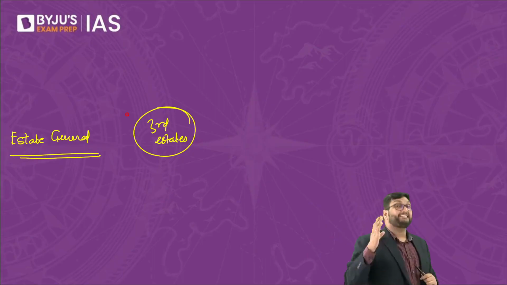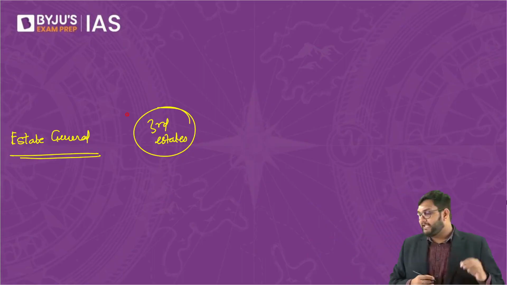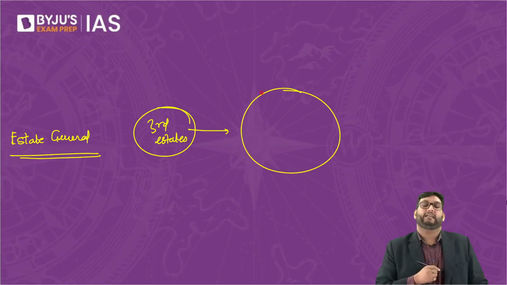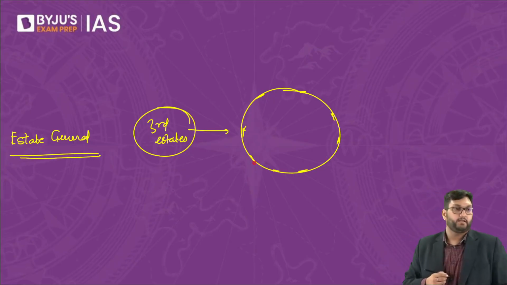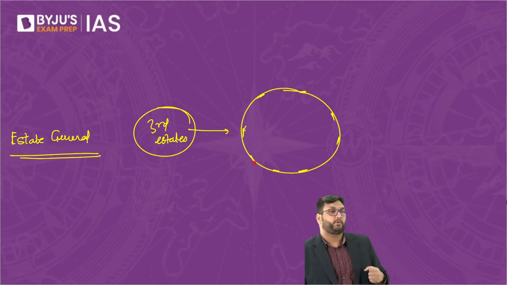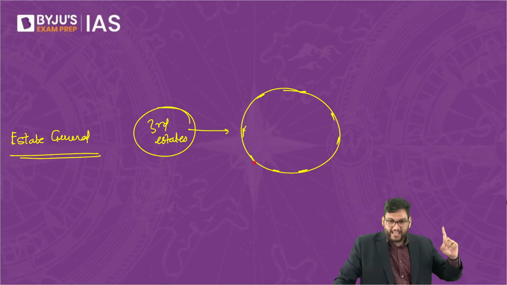And this information leaks to the first and second estate. And very decisively, on the day the third estate had to meet in the Palace of Versailles, they locked the doors for the third estate to not enter. And this frustrates the third estate representatives quite a lot. And they say, enough is enough.